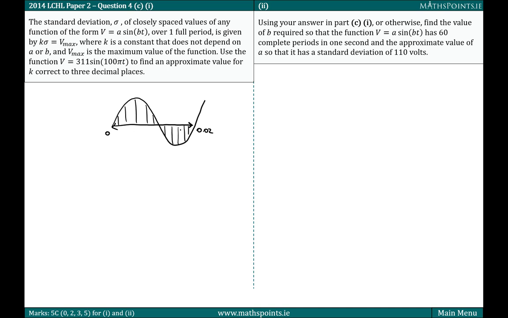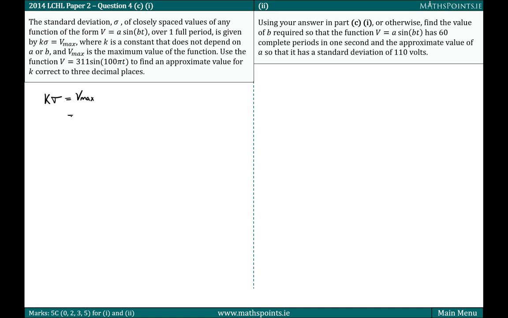So they were very close together over this period. We found the standard deviation of those voltage outputs. And then this formula says that when you do that, there is a constant K that when multiplied by the standard deviation is always equal to the maximum voltage.